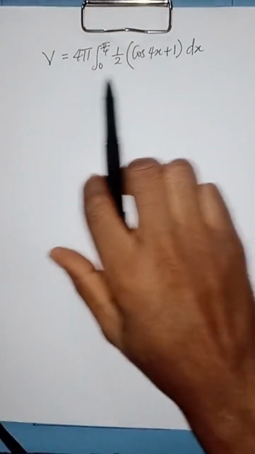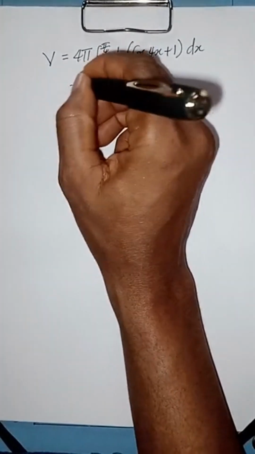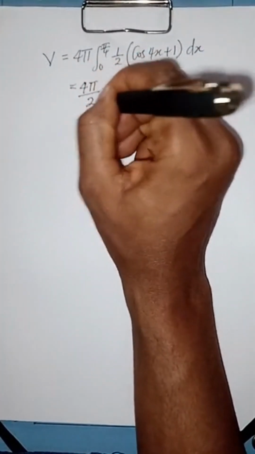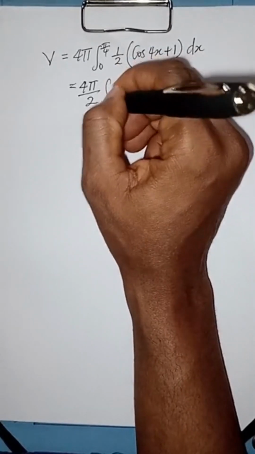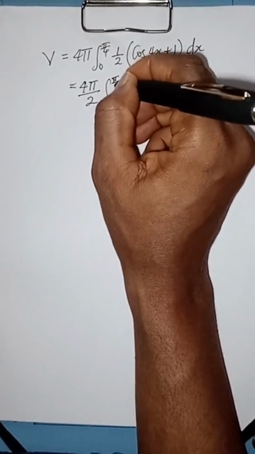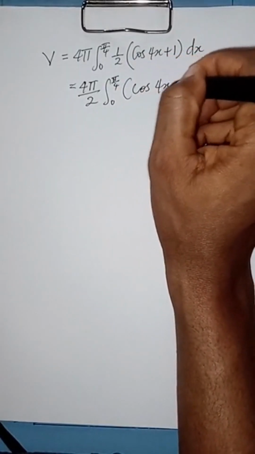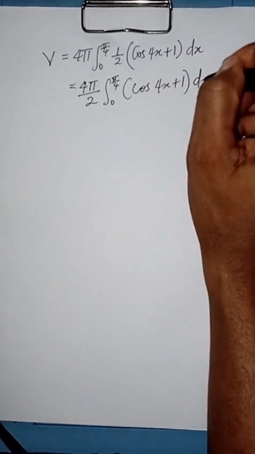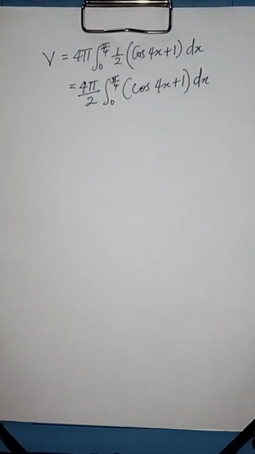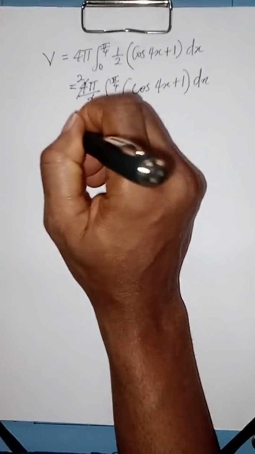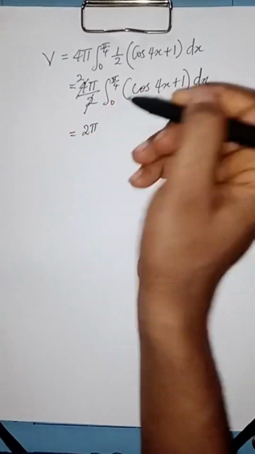Okay, I have to write this out. Let's make it a little bit simpler to understand. The half will come out so that I can successfully integrate whatever I have here, cos 4x plus 1 dx. So it's time to integrate. Now before then, this will cancel out, so I'm left with 2 pi.